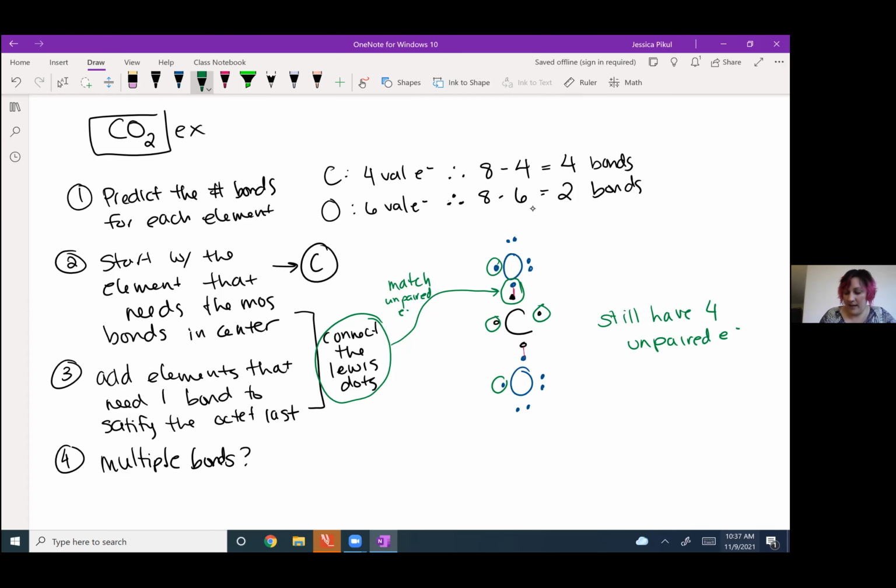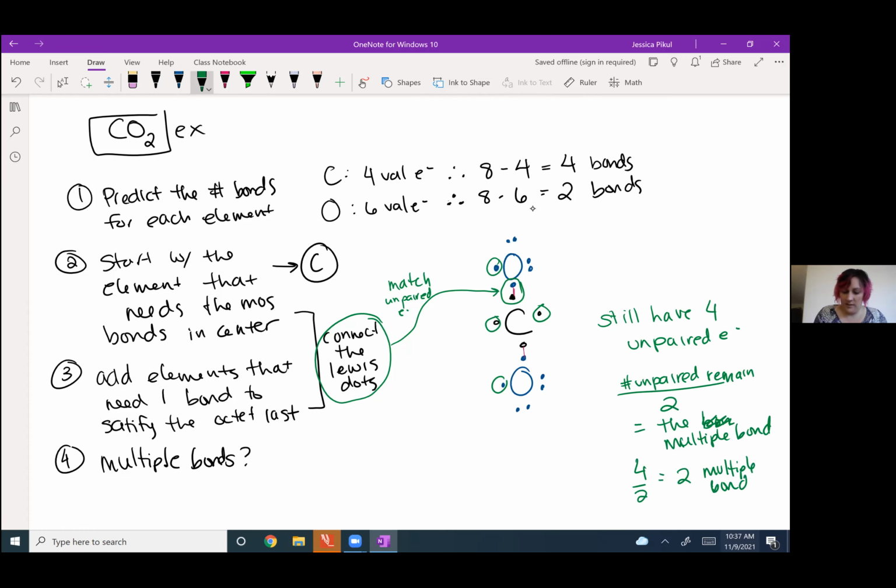With these 4 unpaired electrons, I always take the number of unpaired electrons that remain and divide by 2, and that's going to equal the number of multiple bonds I still need to form. So 4 divided by 2: I need 2 more multiple bonds.